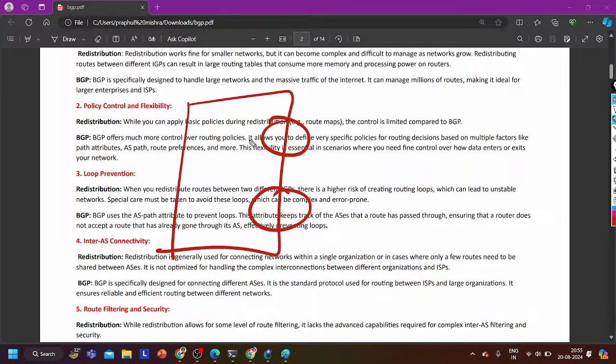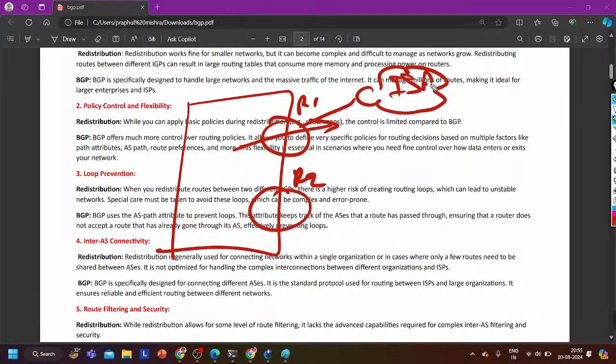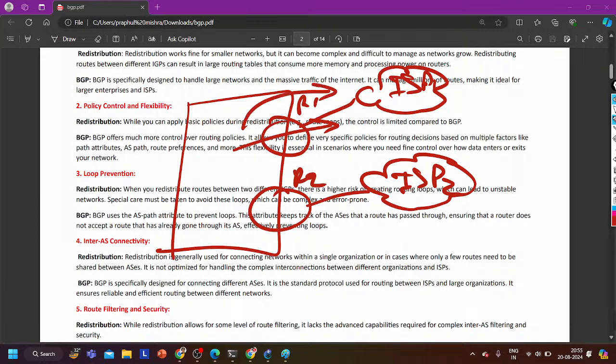Maybe I want to forward critical traffic from this exit point, from this router R1, and the normal traffic from R2. R1 is, let's say, connected with ISP1. R2 is connected with ISP2. Right? I can forward critical data via ISP1 and normal data via ISP2, which is not possible with IGP protocols.